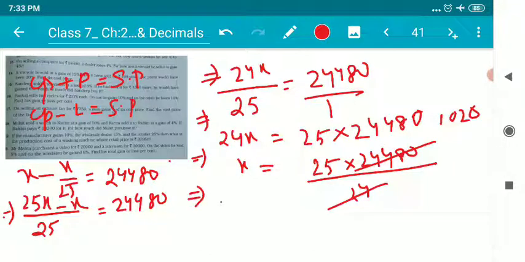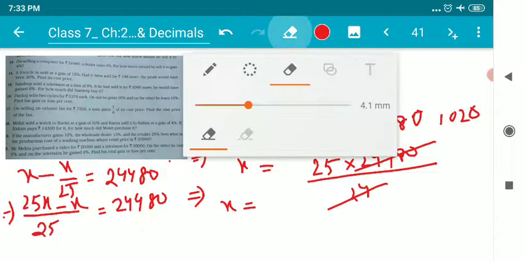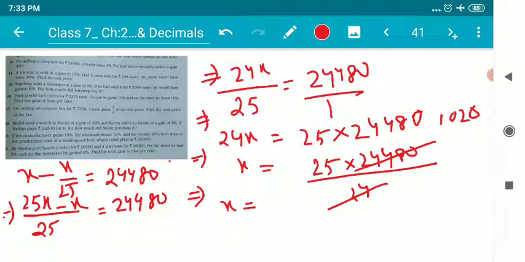Now children, the product of 25 and 1020, let me calculate over here in the rough. 1020 into 25: 5 ones are 5, 0, 4, 0, 2 ones are 2, 0, 0, 5, 5.